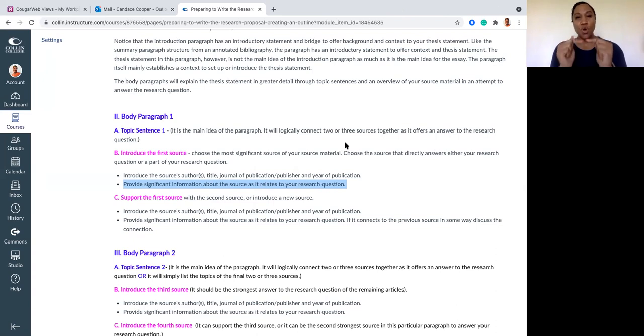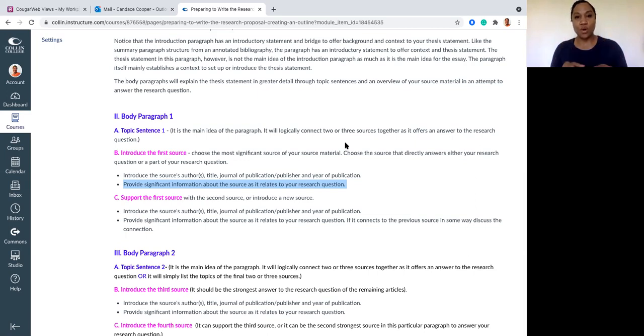Because remember, your goal is to ensure that you are answering that question, not trying to persuade me to get on board with your cause. That's what your final exam is for. This paper is to make a justification for your research, okay?